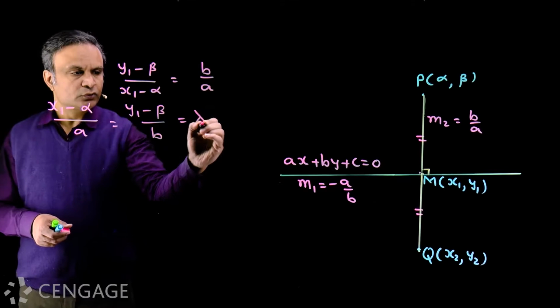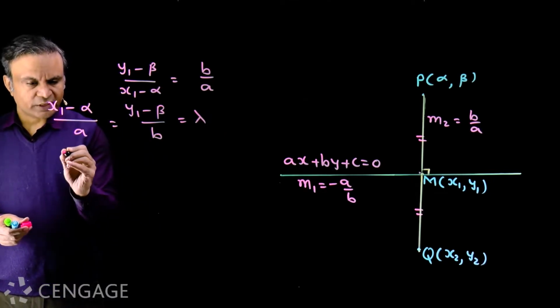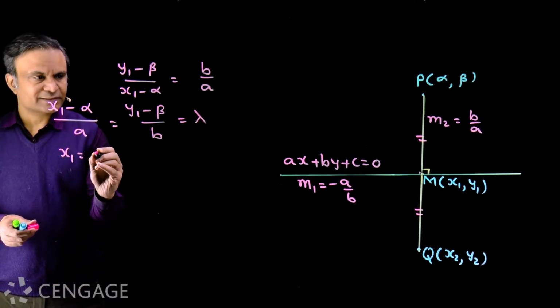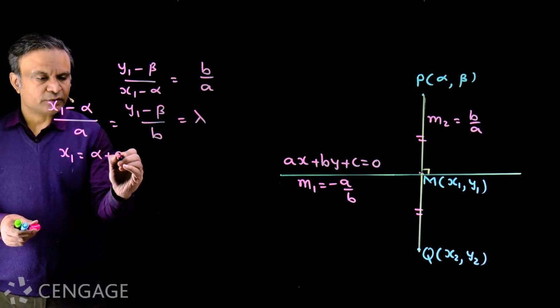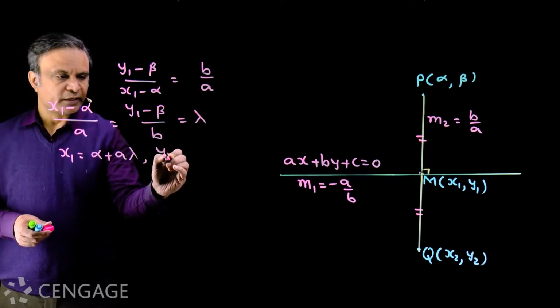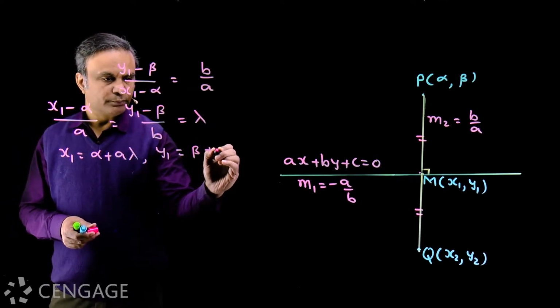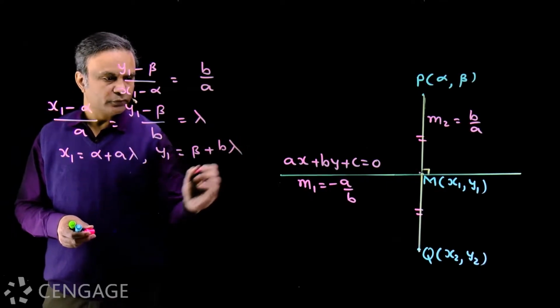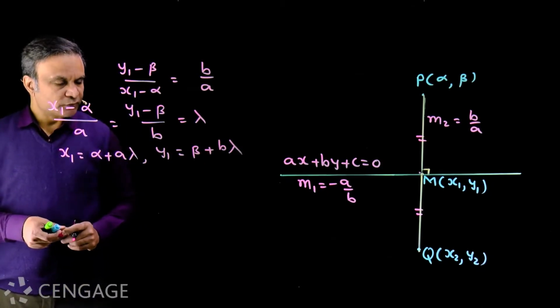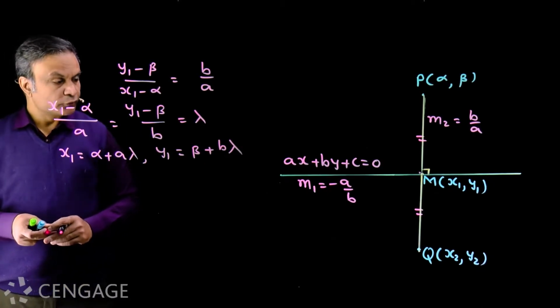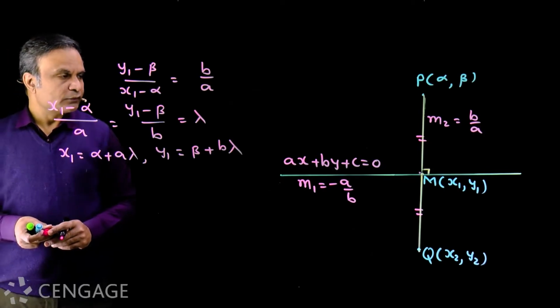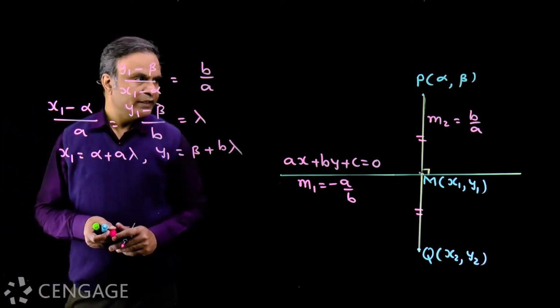Suppose this is equal to lambda. So we have x1 is equal to alpha plus a lambda and y1 is equal to beta plus b lambda.